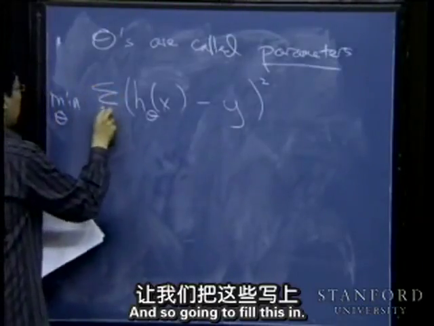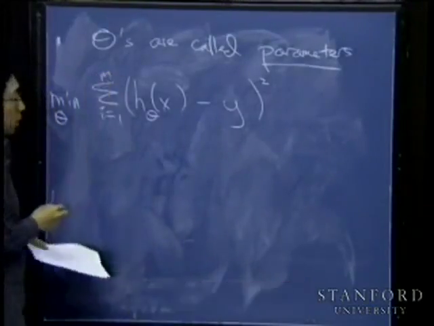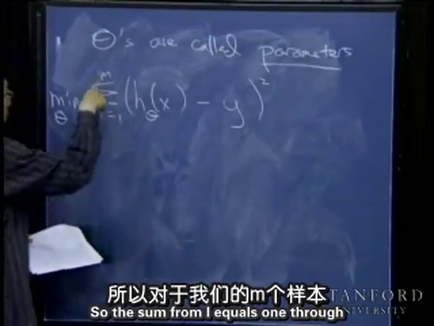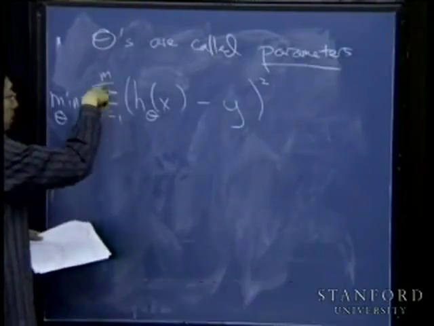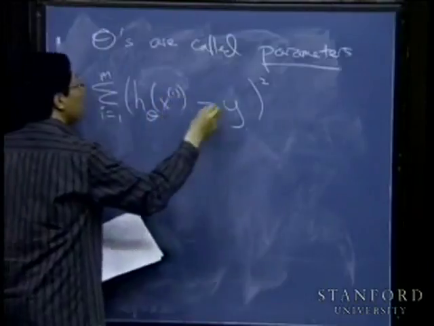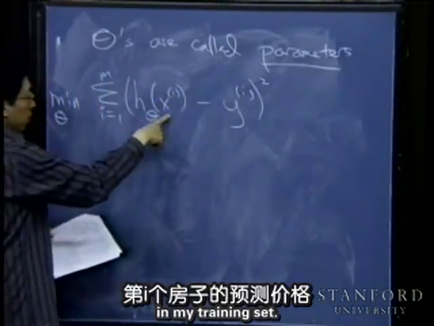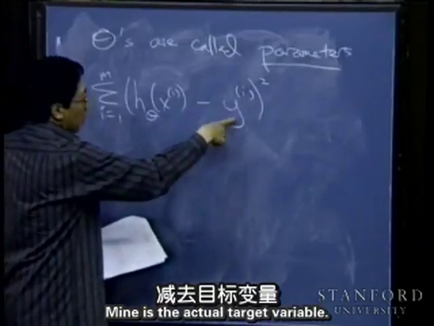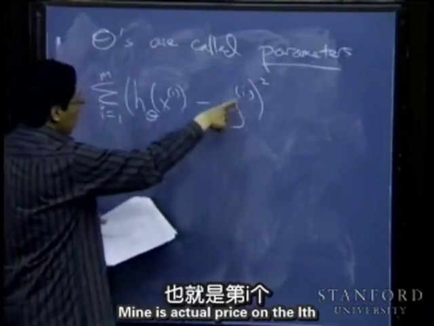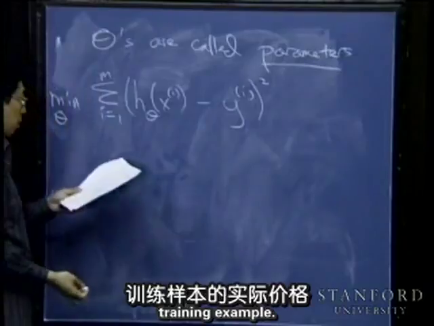And so I'm going to fill this in. We have m training examples. So I'm going to sum from i equals 1 through m of the price predicted on the ith house in my training set minus the actual price on the ith training example.